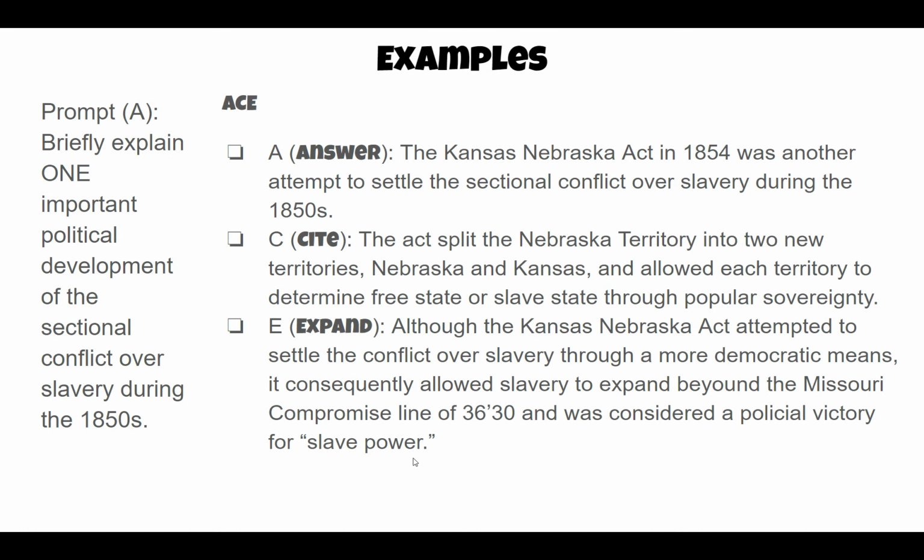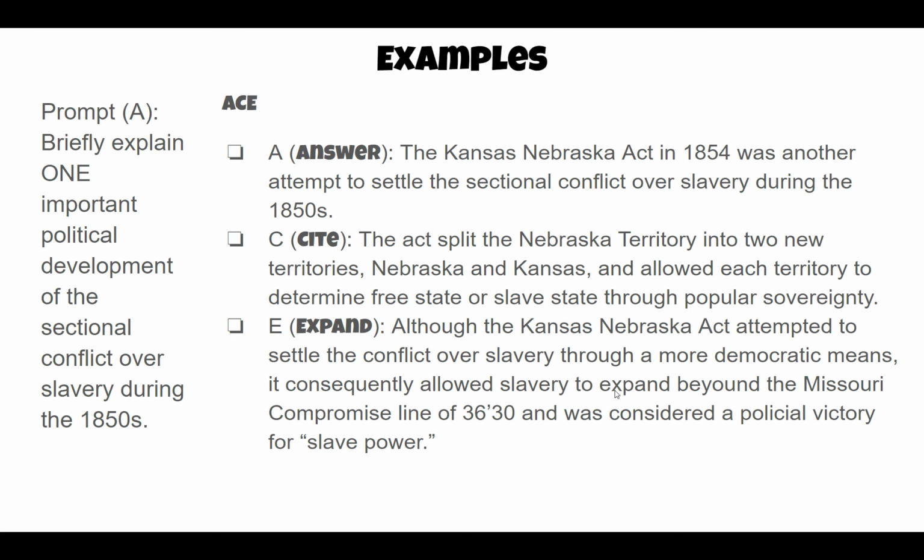You're making connections. You're pointing out that the Kansas-Nebraska Act was a political development and it had everything to do with the sectional conflict over slavery, during the 1850s.